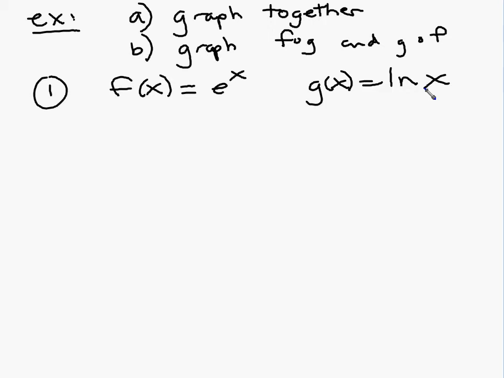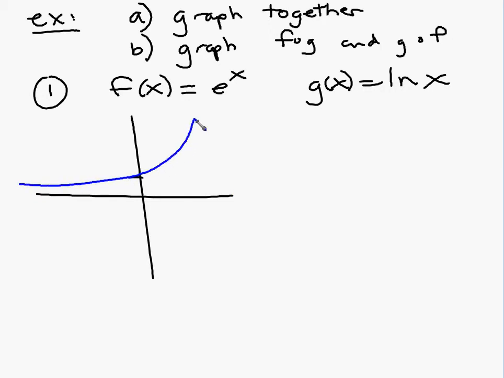Now, if they told us to graph these two together, e to the x would go through 1. Here would be e to the x. And the natural log of x would go through 1 on the x-axis.